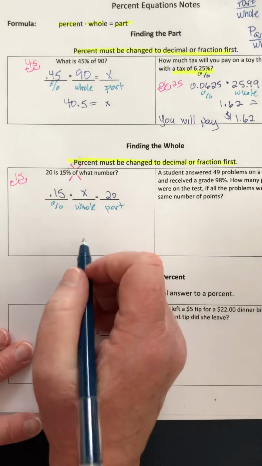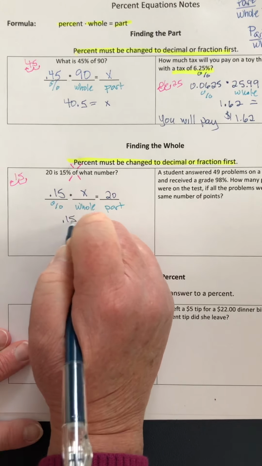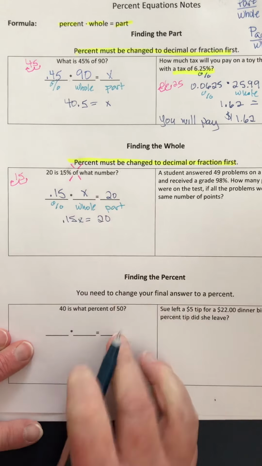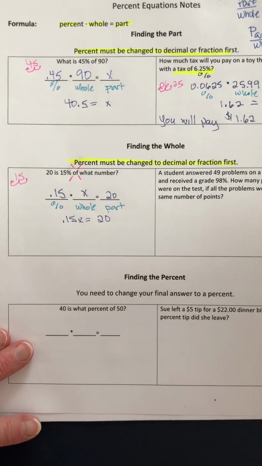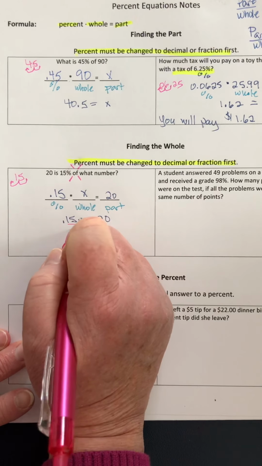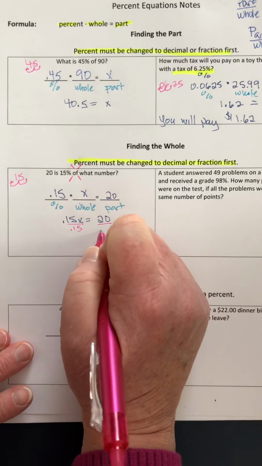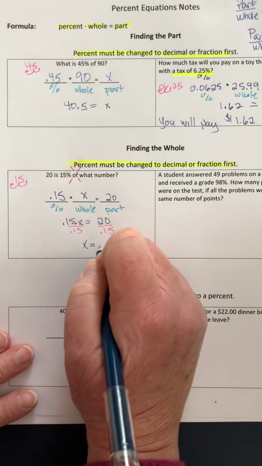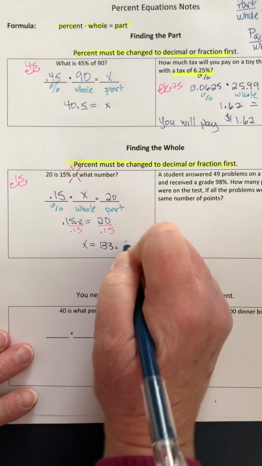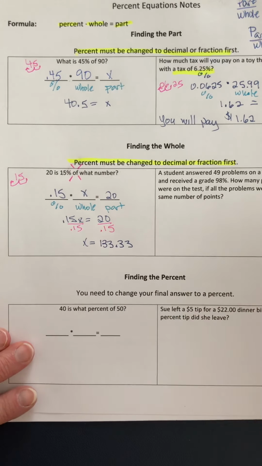Okay, so here's my equation. 0.15x equals 20. And now I have to use my inverse operation to solve for x. I'm going to divide both sides by 0.15 because I know what I do to one side I have to do to the other. And that gives me x equals 133.33 for my final answer.